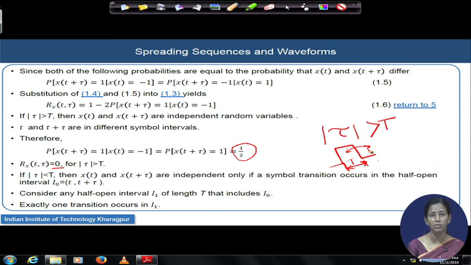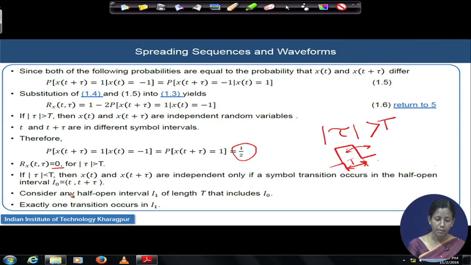Fundamentally there is no relation between x(t) and x(t+tau), because they occur in two different timing intervals with no common area between them. If you compute the autocorrelation, which is finding out how much the two waveforms are related to each other, it gives you 0, because there is no relation over the time of interest.